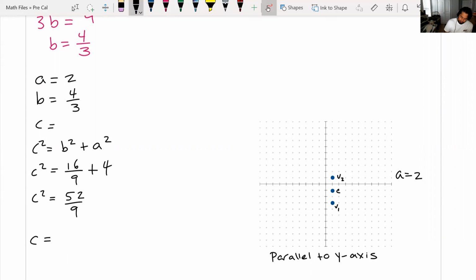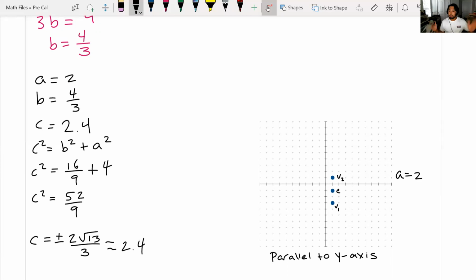We get plus or minus the square root of 52/9. The square root of 52 is 2 square root 13, over 3. So the square root of 52/9 is about 2.4. Hey, not bad.